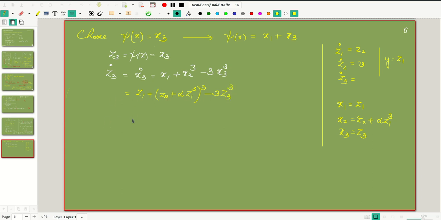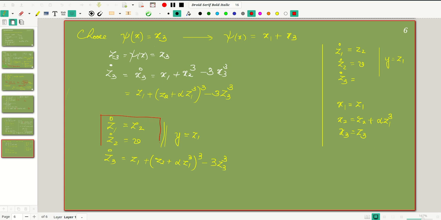So we have got all the states here. Z1 dot is equal to Z2, Z2 dot is equal to V, and Y is equal to Z1, and here Z3 dot is equal to Z1 plus (Z2 plus alpha Z1 cubed) the whole cube minus 3 Z3 cubed. If you want to write it in proper form, how will you separate it?